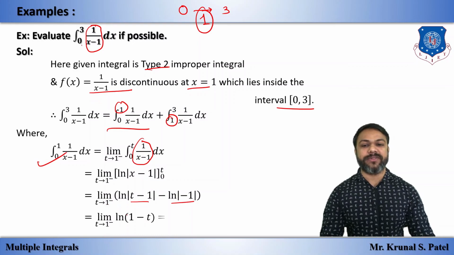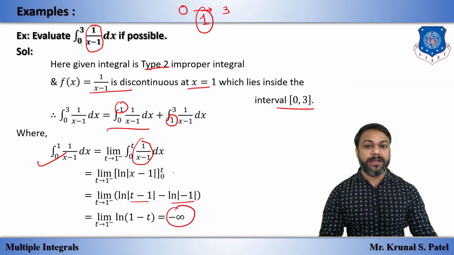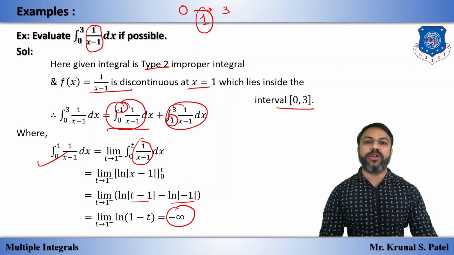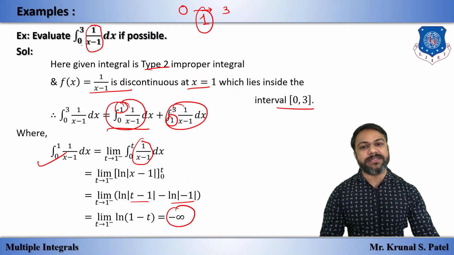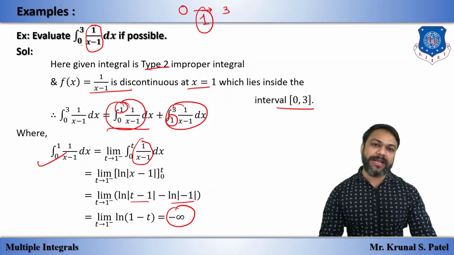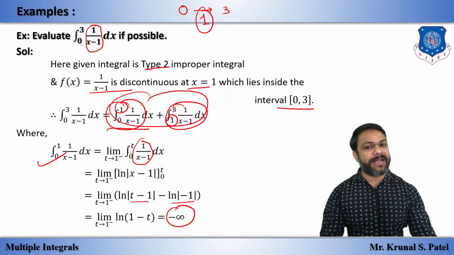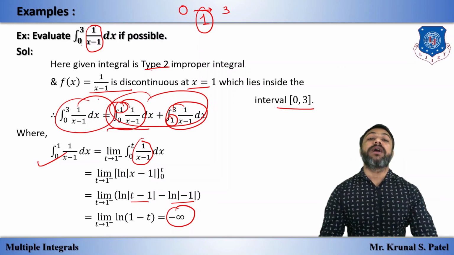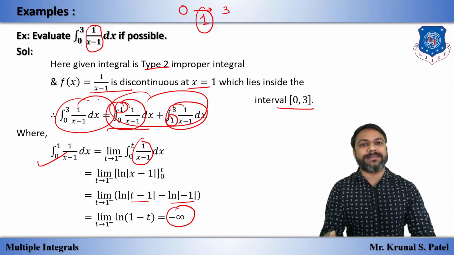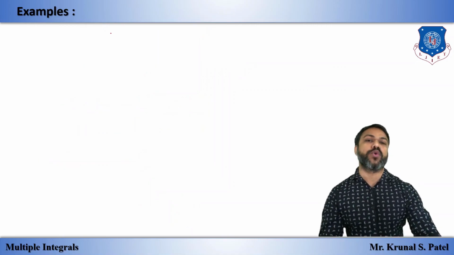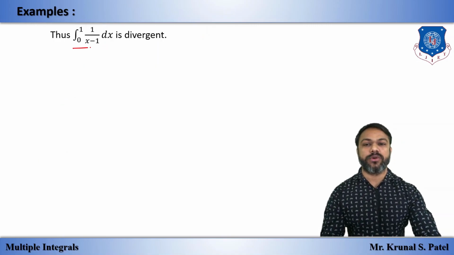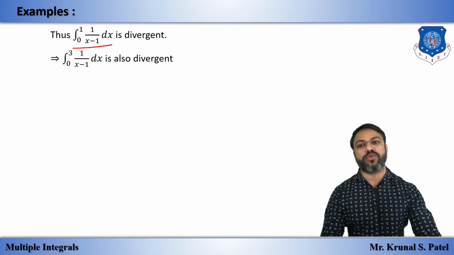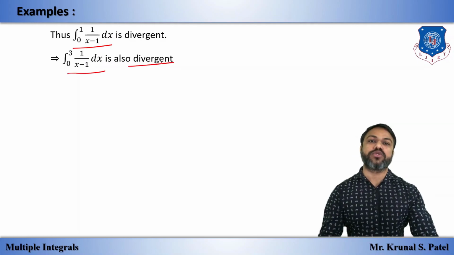After putting this, we have the final answer as minus infinity. Now once one of these is infinite, there is no need to find the second, because as we have discussed, if either of these is infinite, then the whole becomes infinite, the limit does not exist and the given integral is divergent. So simple. Since the first one we found infinite, it is divergent, so the original integral is also divergent.